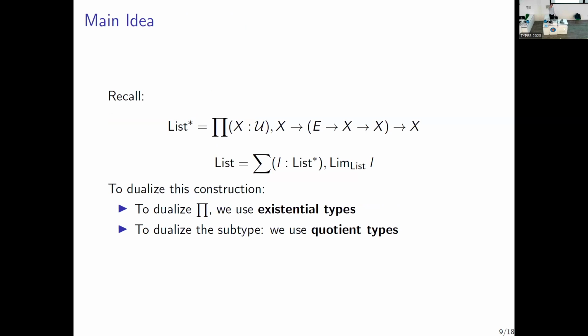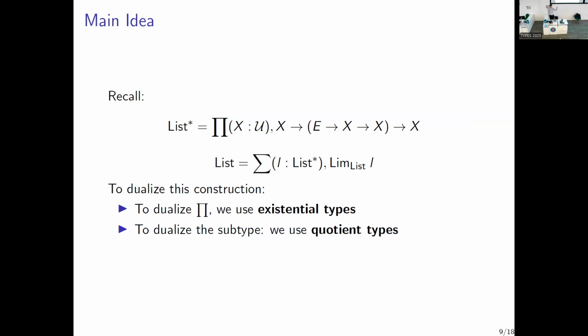So what is the idea? If we encode lists using impredicative encodings, we have two ingredients, an impredicative pi and a sigma to take the right subtype. We're going to dualize this. Pi becomes exists, and we need to take impredicativity into account because of the impredicative encoding. And we dualize subtypes using quotients.